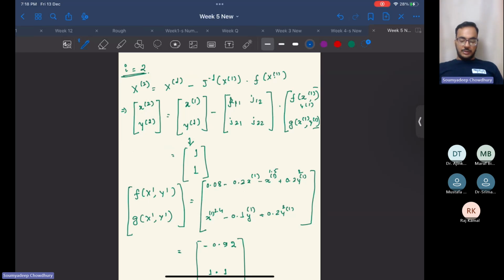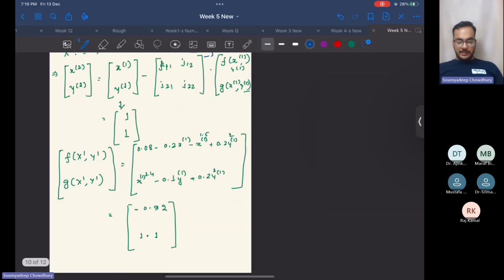So we substitute x1, y1, which is 1, 1, minus the Jacobian matrix, I'm just writing it as j11 j12 j21 j22. This inverse we have to get, times f at x1, y1, which is the functional value, right? We are currently at step 2, so we substitute x1, y1 here.